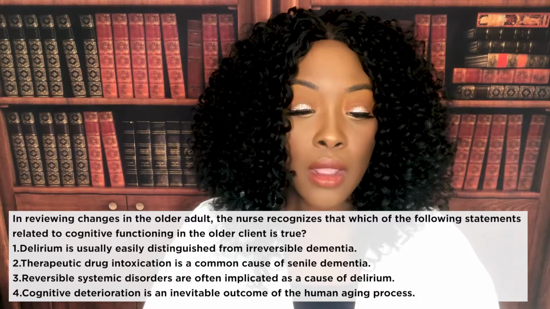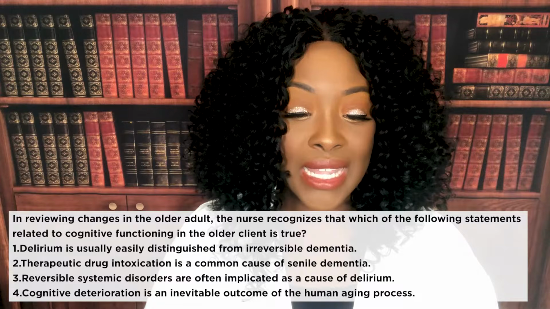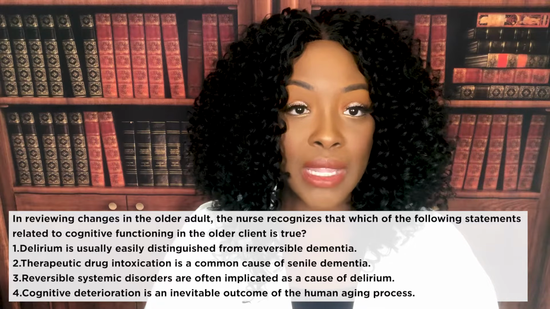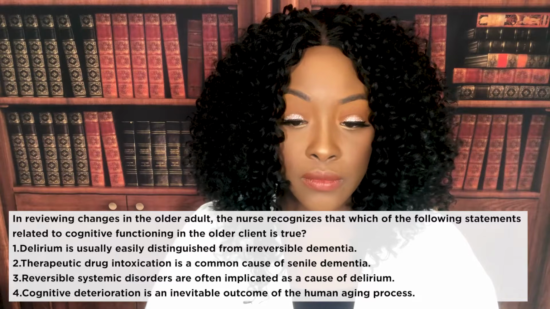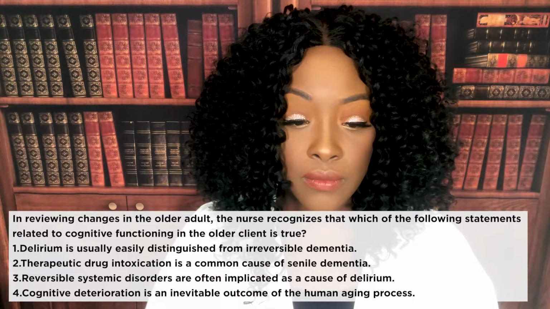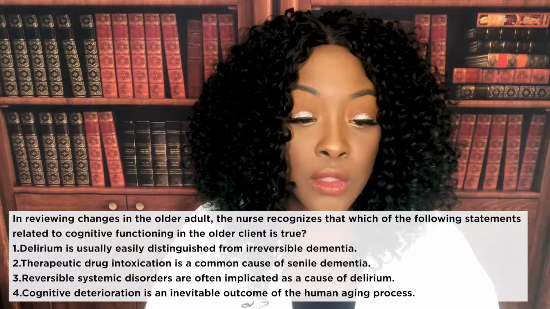Or 4, cognitive deterioration is an inevitable outcome of the human aging process. I'll give you a moment to think of your answer. And the correct answer is 3.